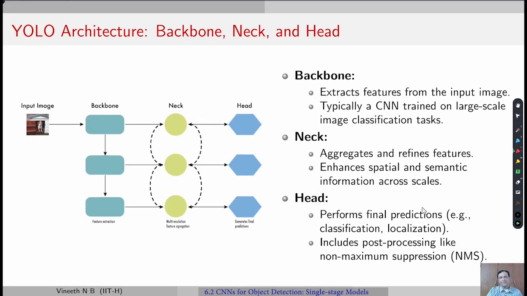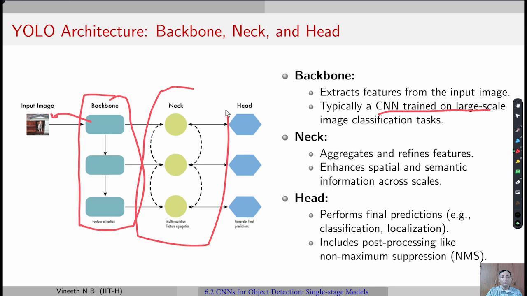With YOLO V3, the architecture of YOLO could be explicitly split into 3 parts: a backbone, which is like a feature extractor from a given input image; a CNN, which is trained on large-scale image classification tasks, is first applied on the image at different scales perhaps to get different representations; then a neck, which typically is used to exchange information between scales, both spatial and semantic information.